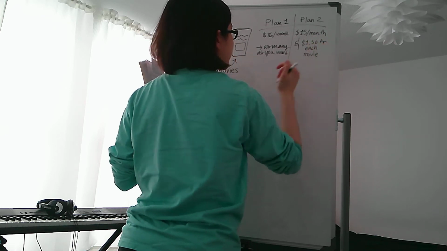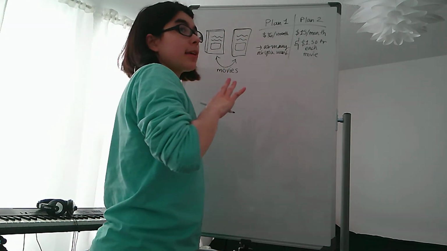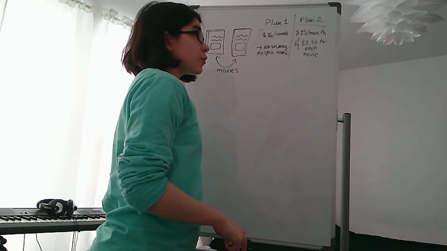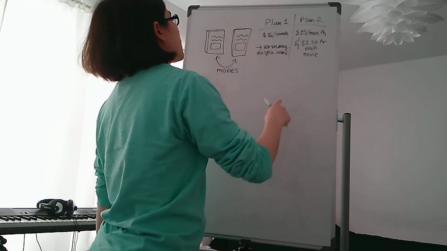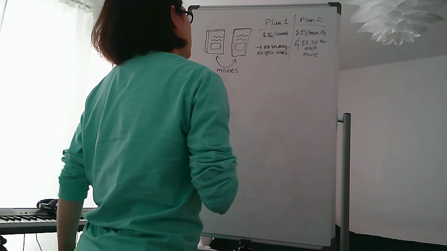To recap, you either pay $36 a month and rent as many movies as you want, or you stick with Plan 2, you pay $15 a month, but you pay $1.50 for every movie you want to rent.